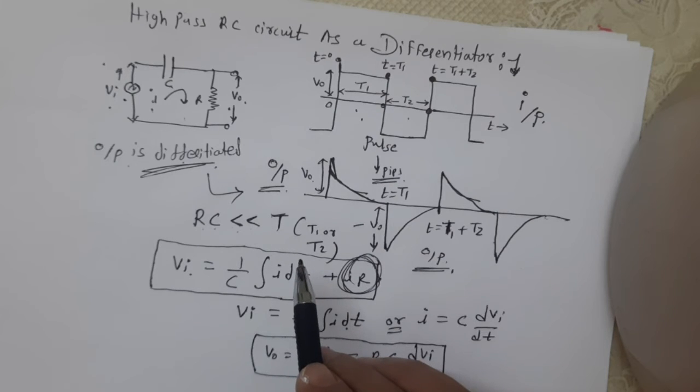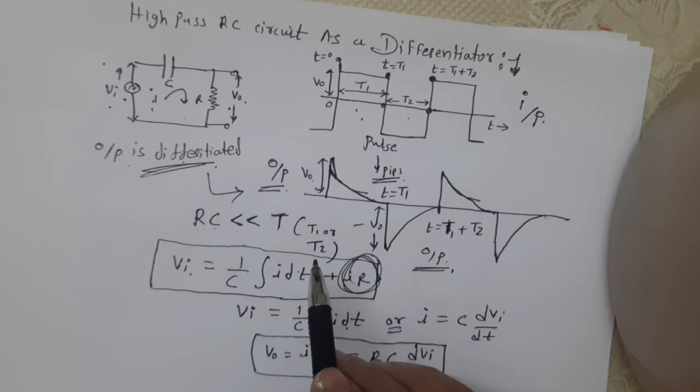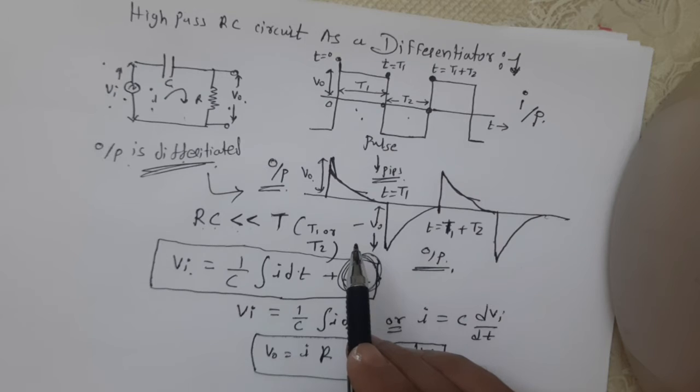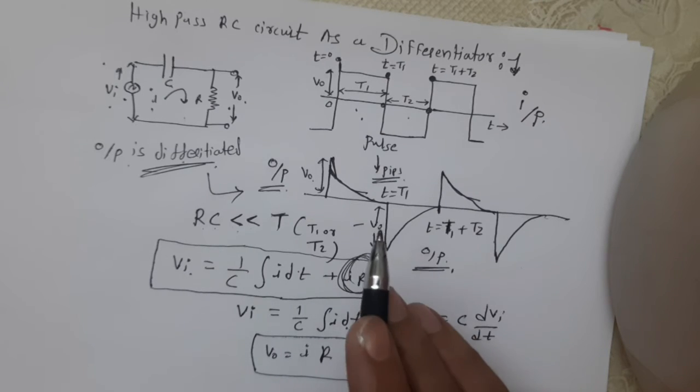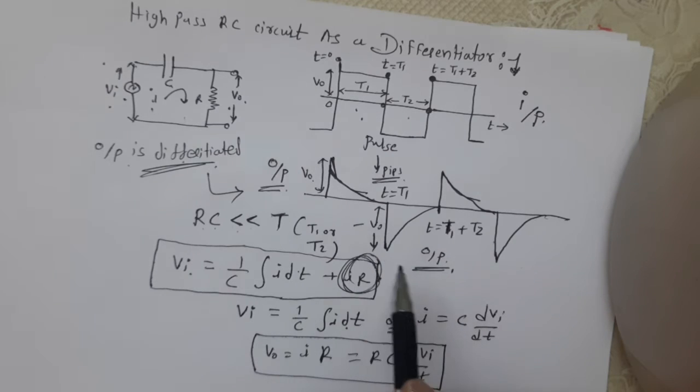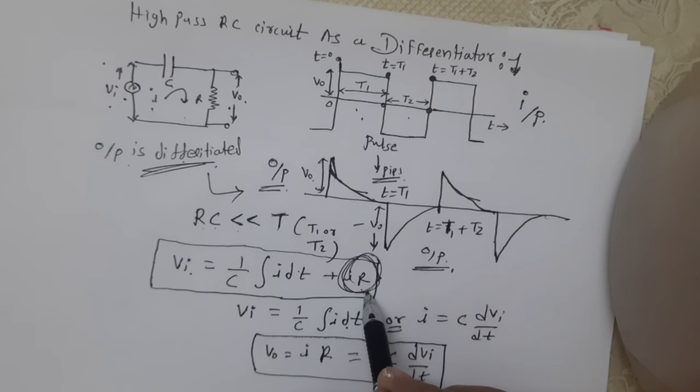If the time constant RC is small compared to the interval of the applied voltage, the capacitor will charge and discharge very rapidly, so the first term will be predominant and we neglect the second term.